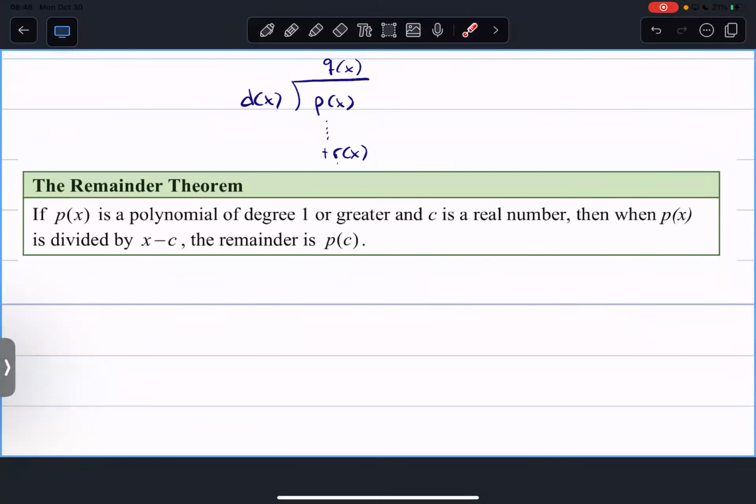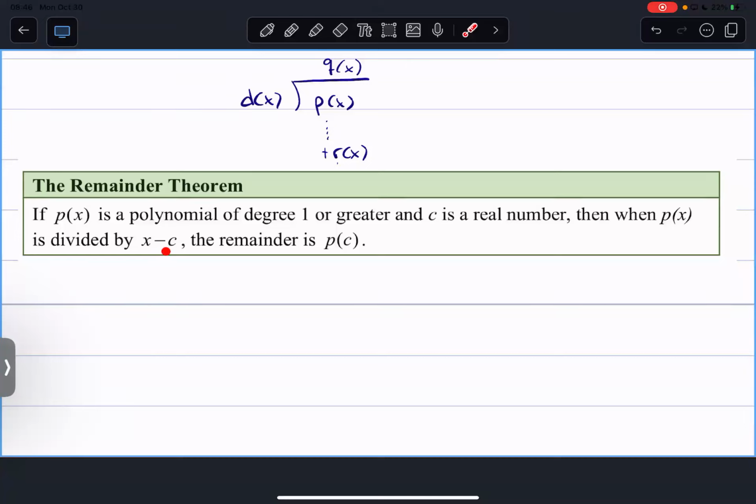So if p of x is a polynomial of degree 1 or greater, so you have to have a polynomial to start with, so there has to be some x, and c is a real number, then when p of x is divided by x minus c, notice that this is only the case for this very special case, just x minus some constant, which is what we did. We did x minus 2.